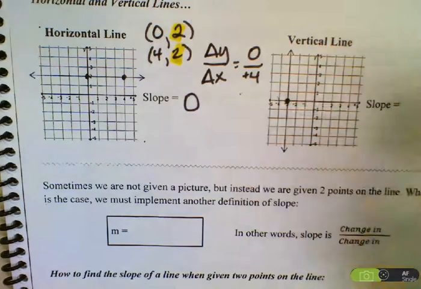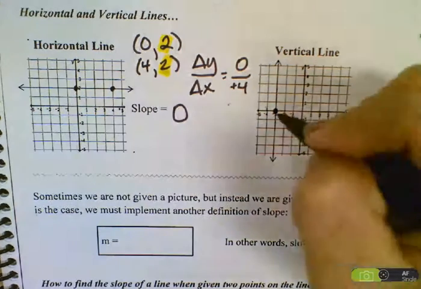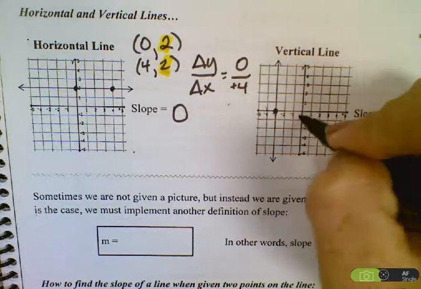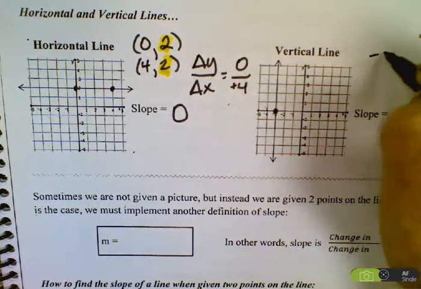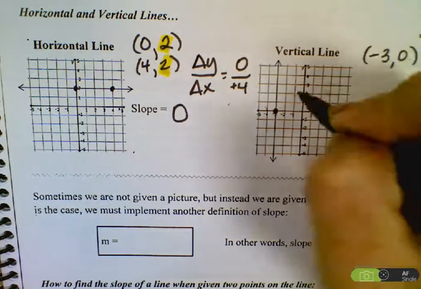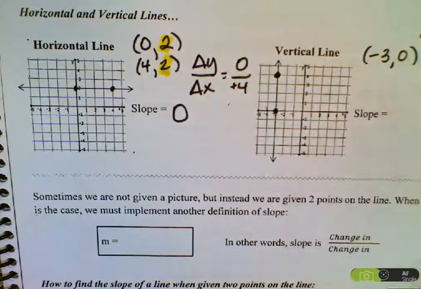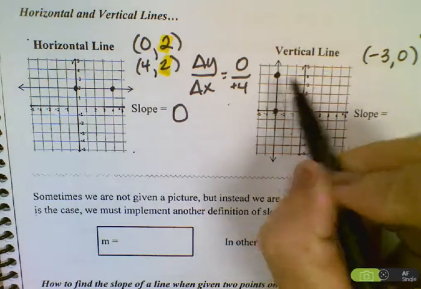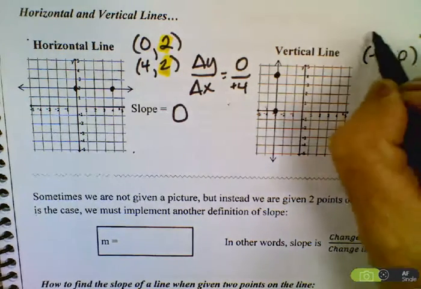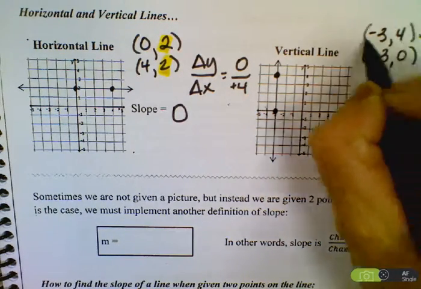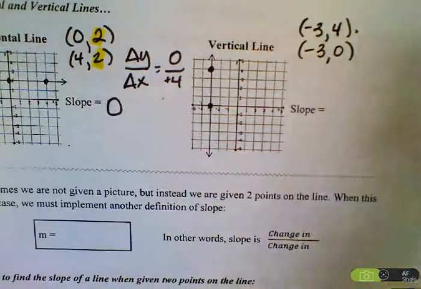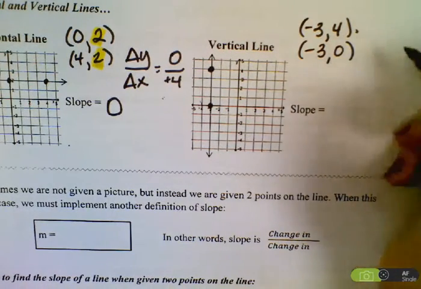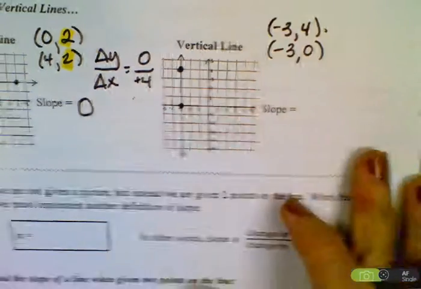Now let's do the same thing for the vertical line. So there's one point. That point's coordinates go over 3 and then 0. So (-3, 0). And let's pick any other point, doesn't matter. Let's pick that one. So that'd be (-3, 4). Okay? And this time we'll do y2 minus y1 over x2 minus x1.